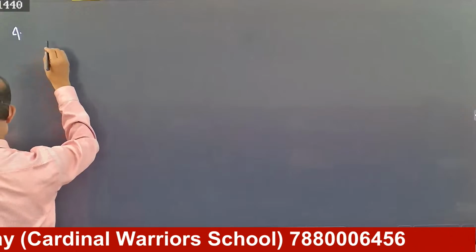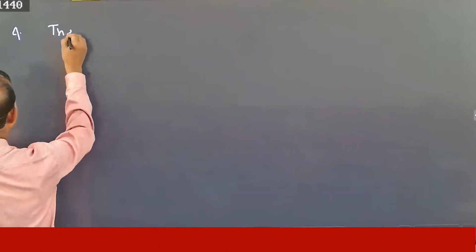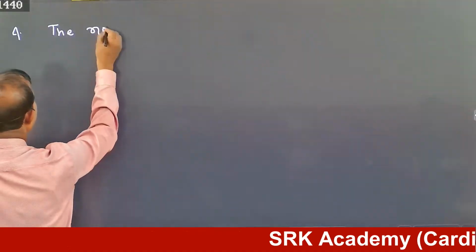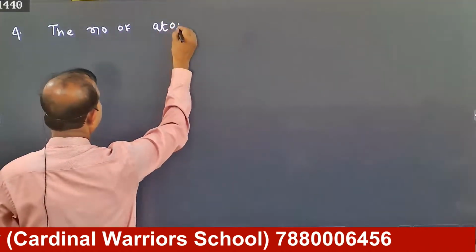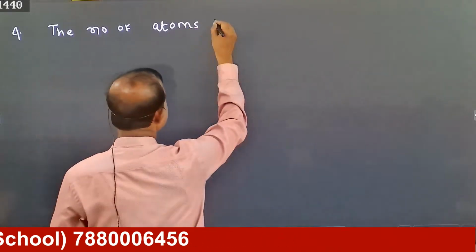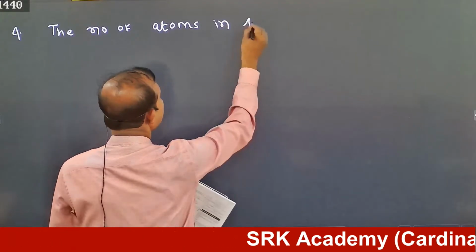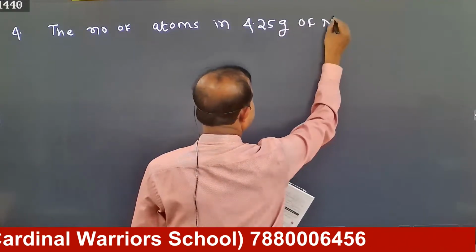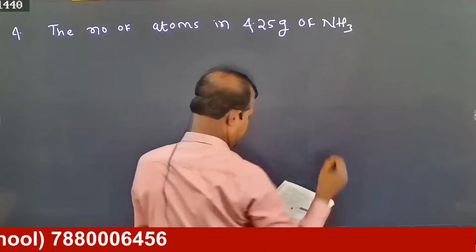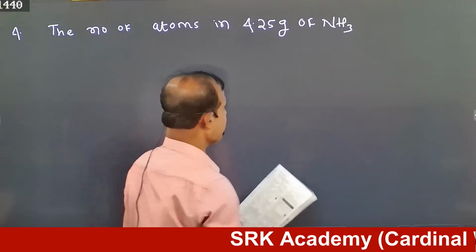The number of atoms in 4.25 gram of ammonia is approximately?